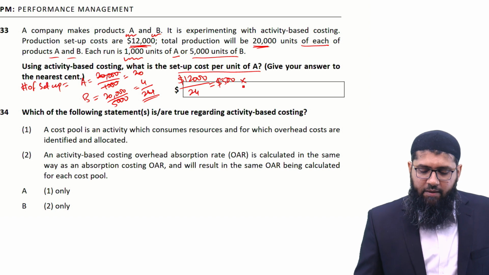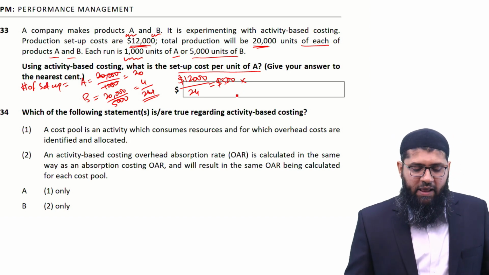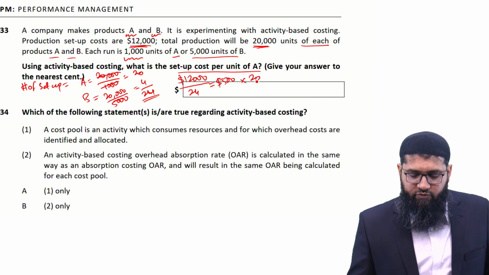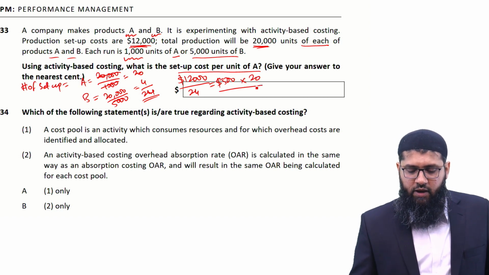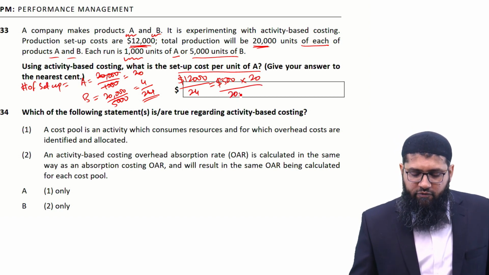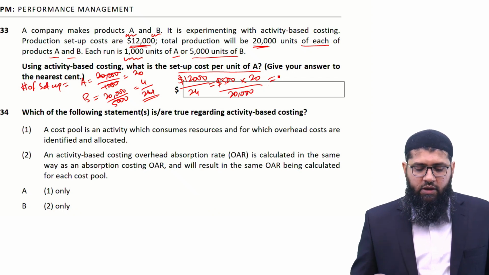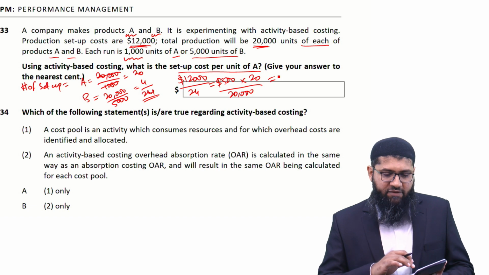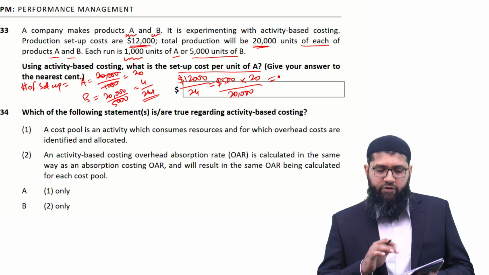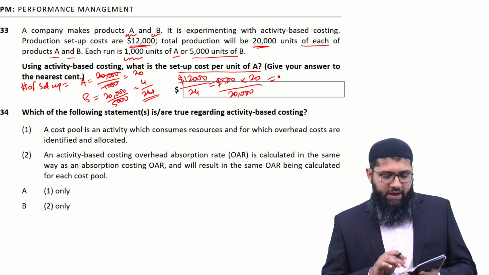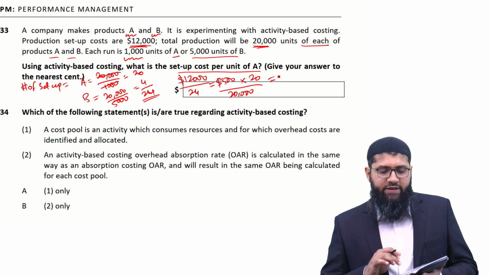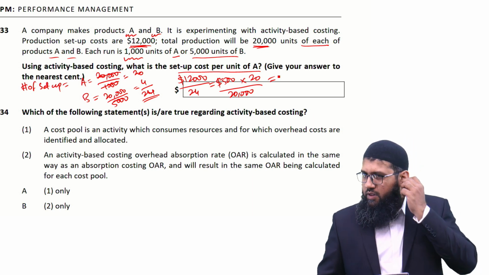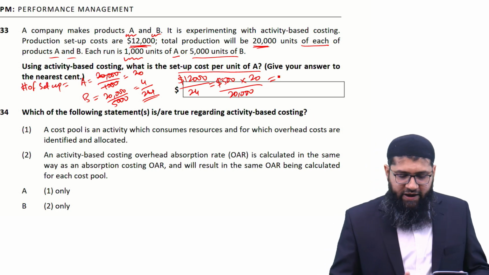Now multiply this with the number of setups, which is 20 for A, divided by the number of units, which is 20,000. So what is going to be the setup cost per unit of A? It's 500 into 20 gives you 10,000 divided by 20,000. So this actually gives you $0.5.